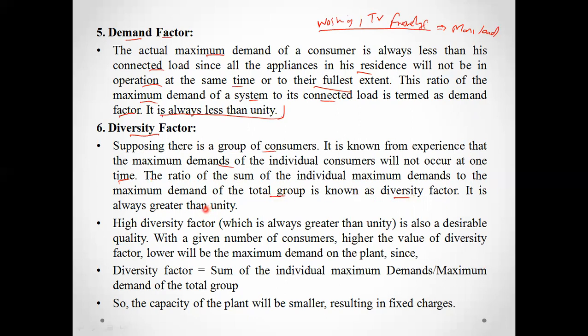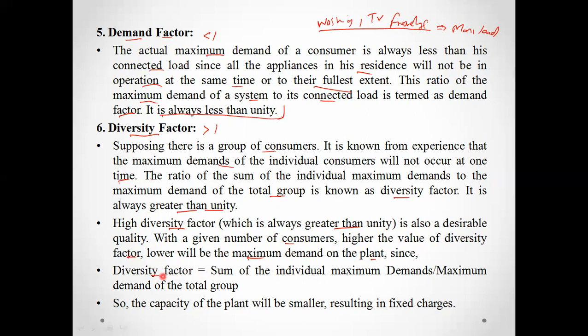It will always be greater than unity. So we have to keep in mind that the demand factor will always be less than 1, and the diversity factor will always be greater than 1. A high diversity factor is desirable, and with a given number of consumers, the higher the value of the diversity factor, the lower will be the maximum demand on the plant.